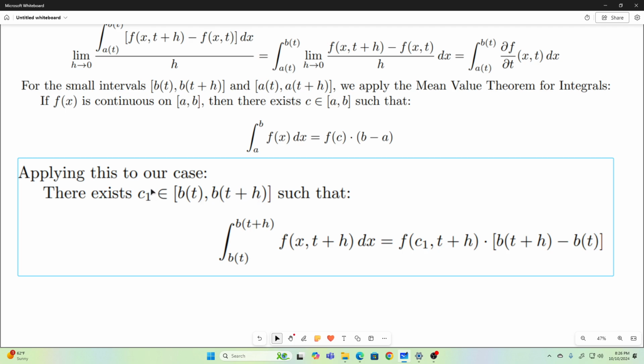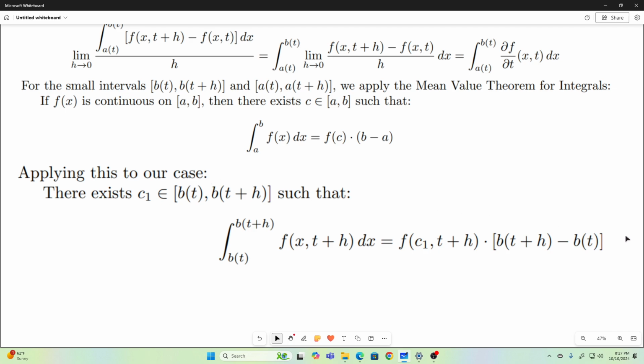If there has to exist a C1 on this interval, b of t, comma, b of t plus h, a C1 has got to equal b of t. It has to. If it's squeezed in between these two things, when h is going to 0, our C1 is going to be b of t.